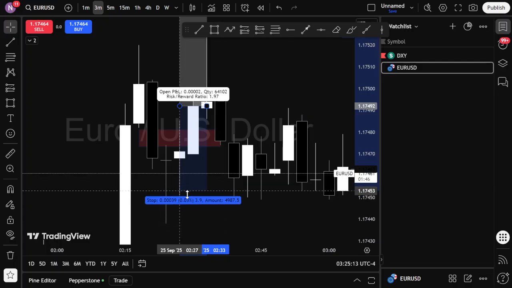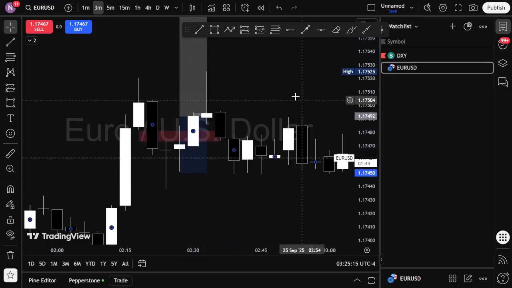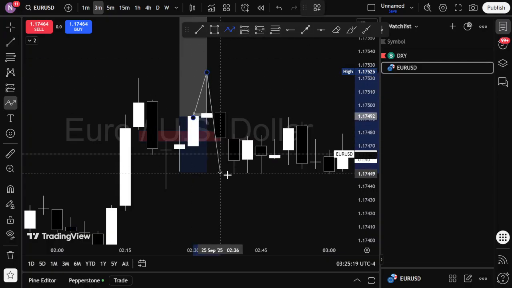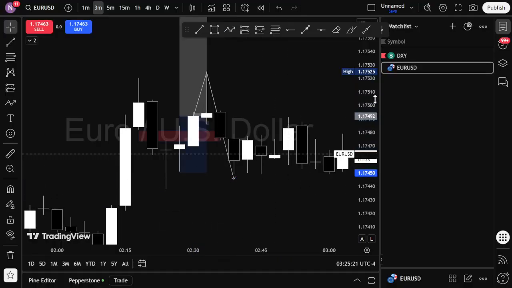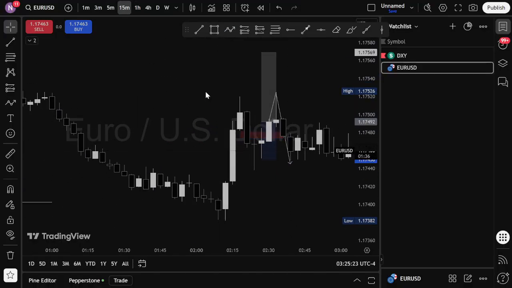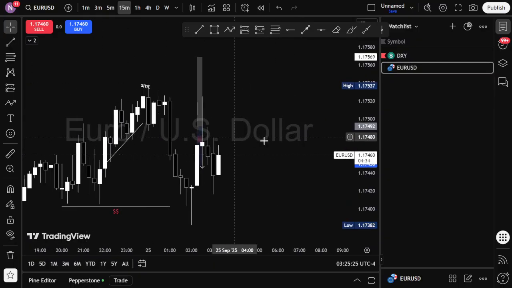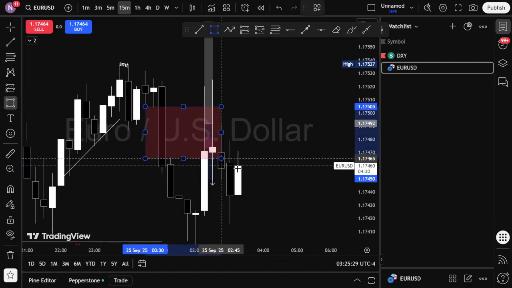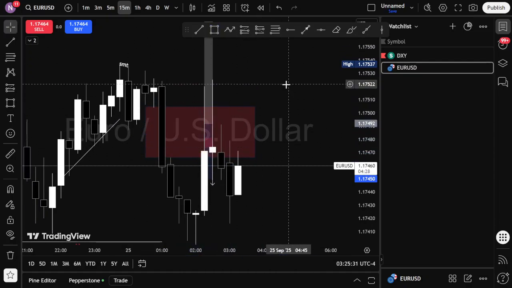Stop loss at this point. The market went a little bit above and completely tapped into my stop loss. So that was a mistake. I should have completely waited for the market to inverse this 15-minute bearish fair value gap, and I was being impatient.